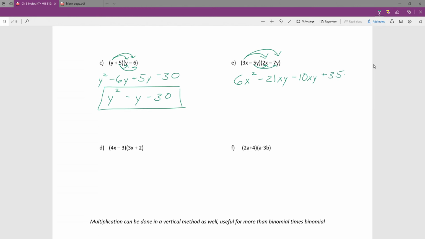Watch your signs as you go. And typically, you have these two middle terms to collect as like terms. Two more to go.